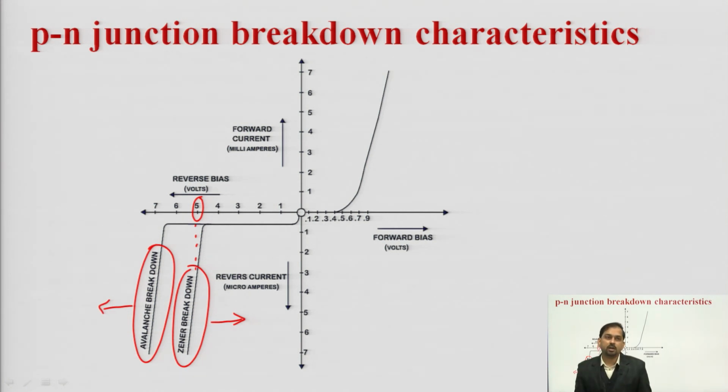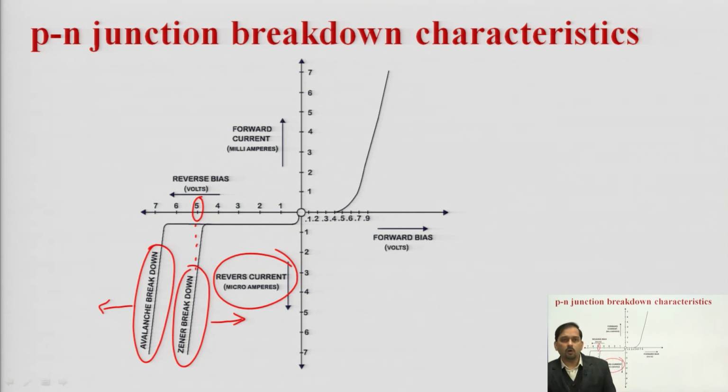So, this is the effect of temperature variation. Now, this current is also in the microampere range, in the negative direction, because we have a saturation current, and this region is called the Zener region.